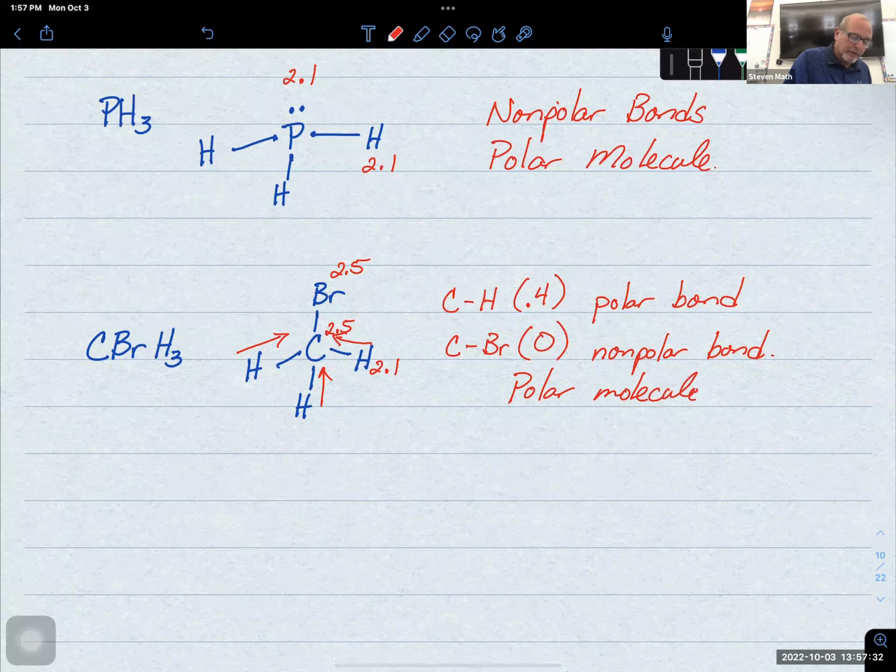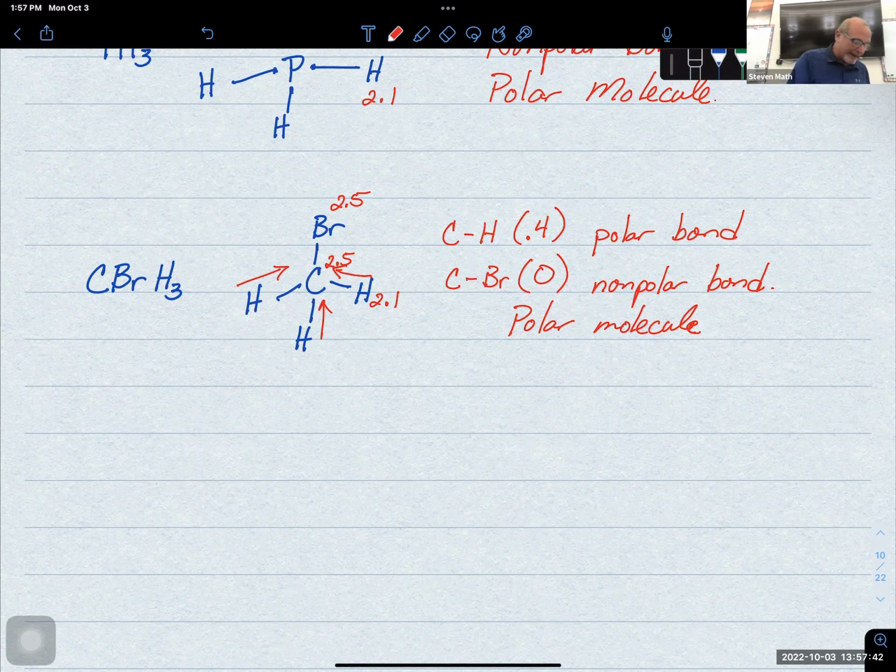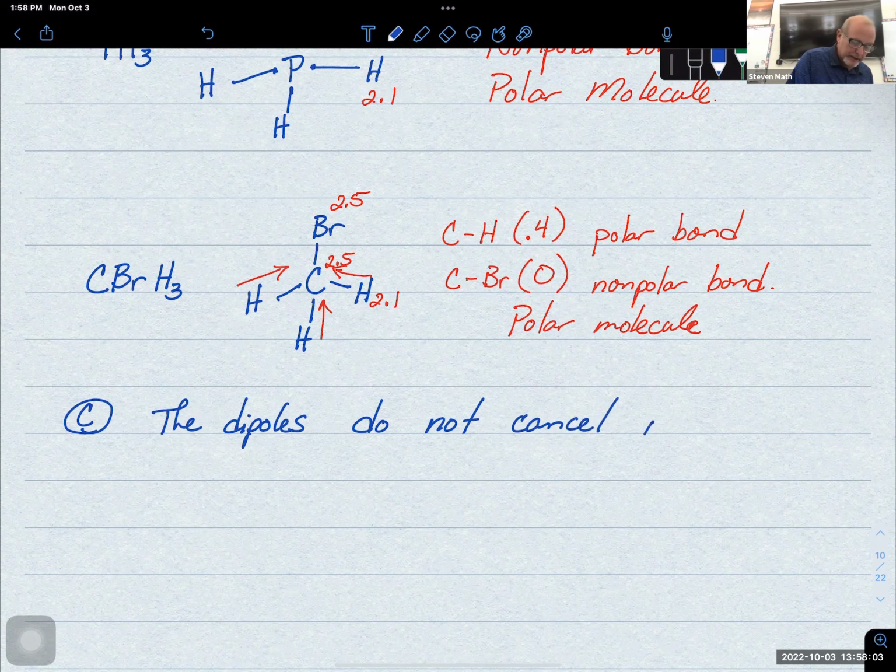It's not symmetrical. There are no lone pairs, so it doesn't work for A. It's got more than one bond. It doesn't work for B. So now let's look at scenario C. Scenario C says the dipoles do not cancel in a polar molecule.